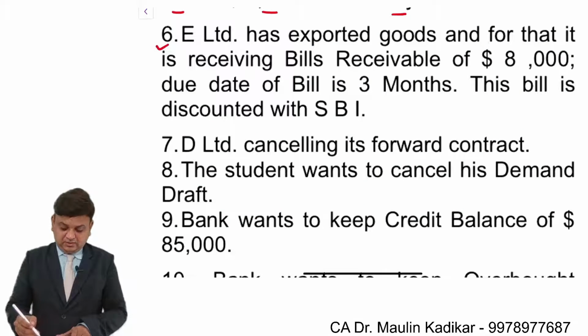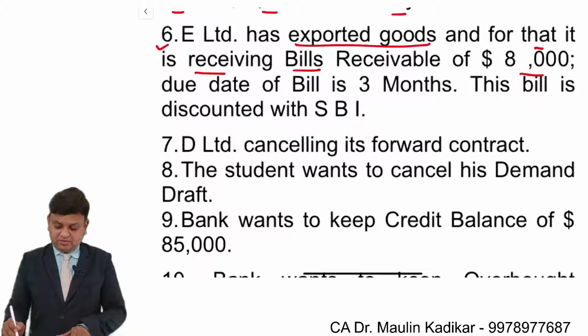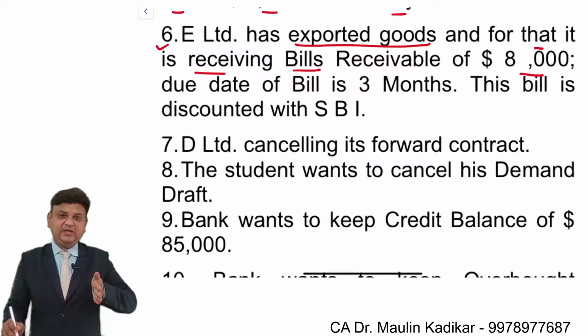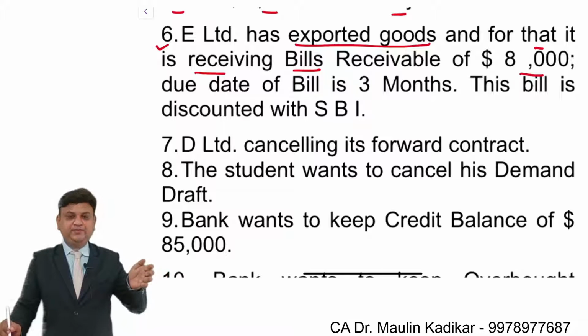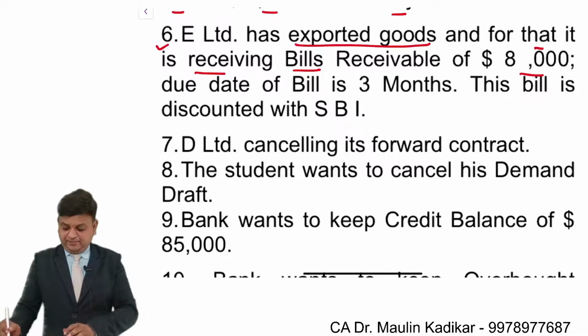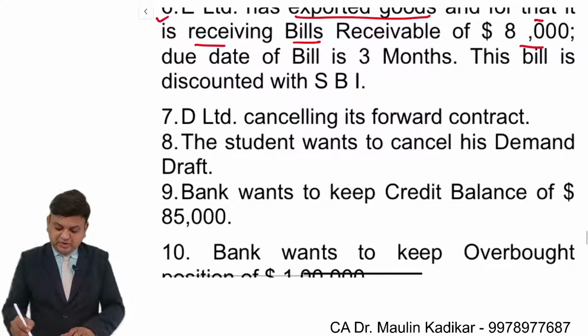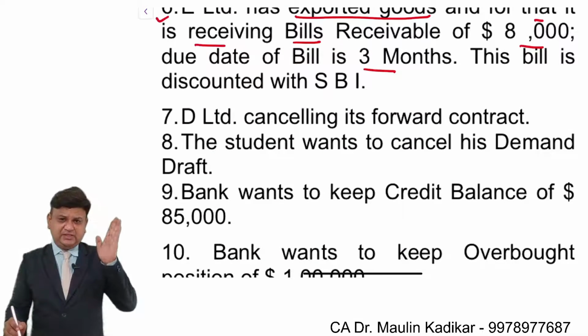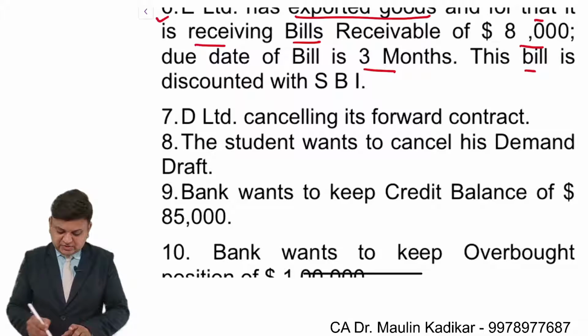Sixth transaction, E Limited has exported goods. For that, it is receiving bills receivable of $8,000. So E Limited initially exported goods, and then it has received the bills receivable. The due date of the bill is after 3 months. This bill is discounted with State Bank of India.